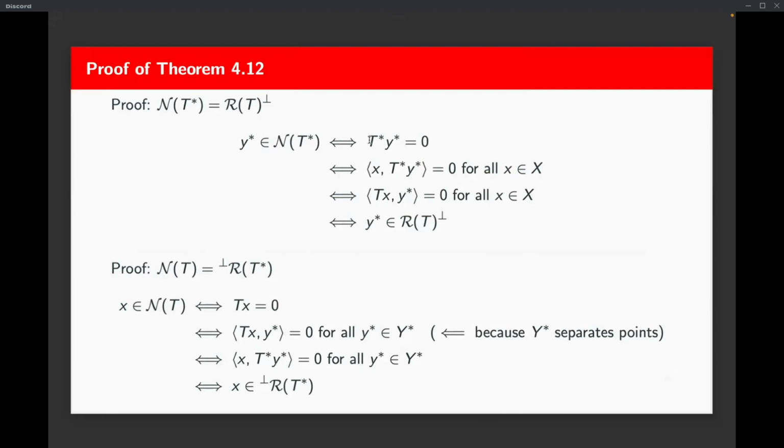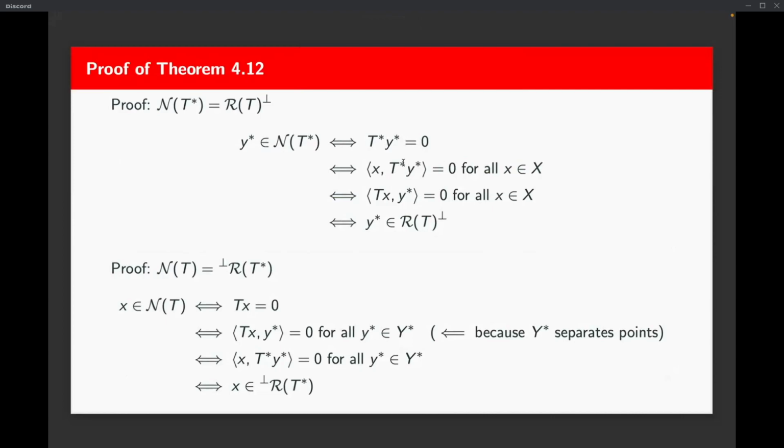Then by definition, T star Y star is 0. Putting that into function evaluation form, remember T star Y star is an element of the dual space of X, so it's a functional. Calling it equal to 0 means that if you apply it to any value in X, you get back 0. It's the definition of a function being equal to 0.